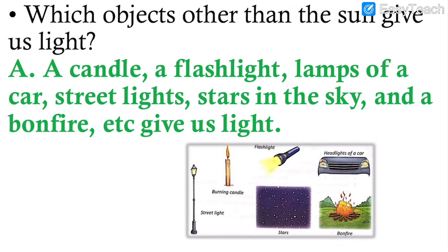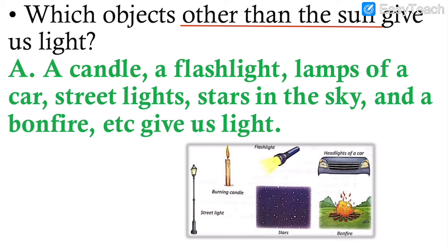Number 2, which objects other than the sun give us light? Other than the sun, here it is written, means not sun. They are not asking about sun. We have to write the names of the things that give us light, but not sun, because sun we all know that it gives us light and it's the most powerful source of light. But which are those other objects?